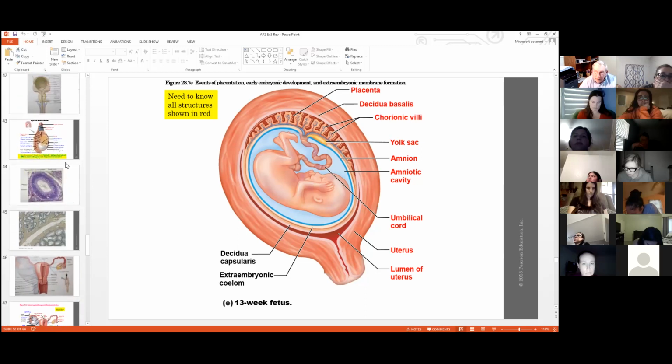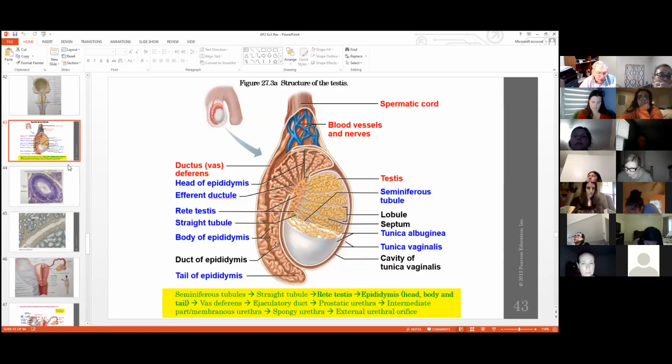Okay, so what does testosterone do from the Wolffian ducts? It creates the vas deferens, this tube. It creates the epididymis, which is this tissue here, and it causes the migration of the testes down the inguinal canal to drop into the scrotum.